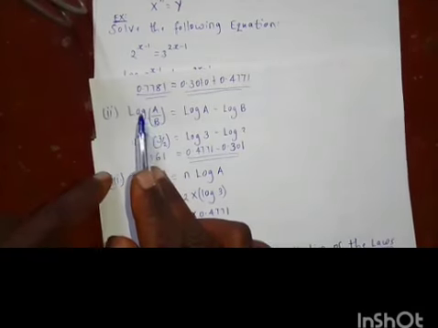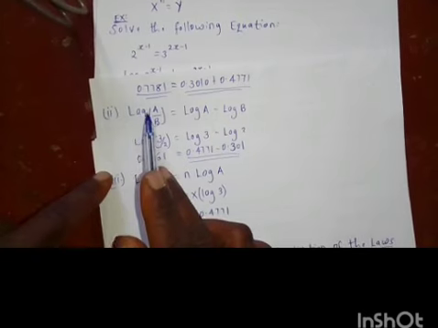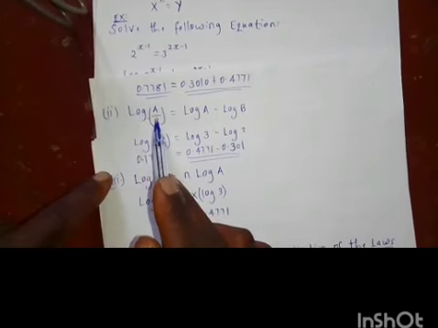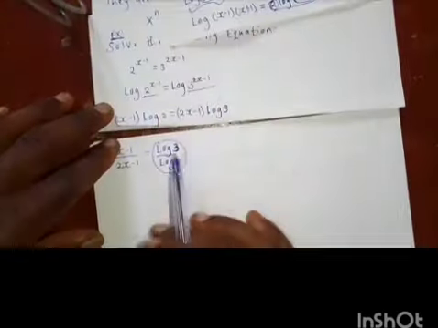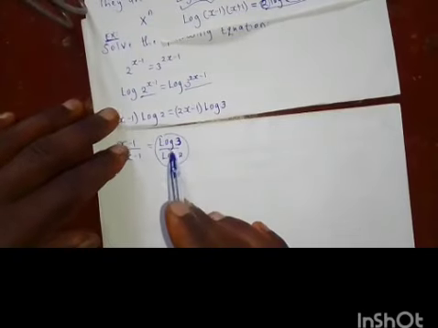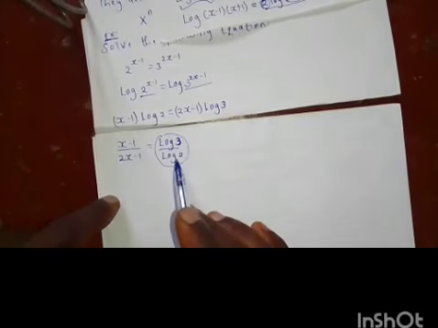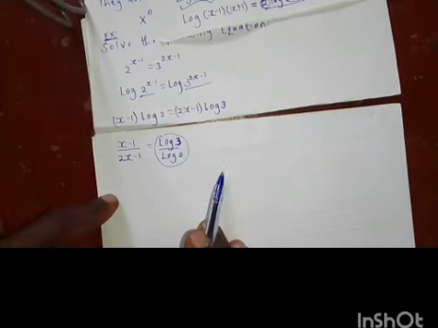This is when you have the logarithm of a number divided by another number. But in our case here, we only have a logarithm divided by another logarithm, so we are not going to apply this law. So what we do, we write as.